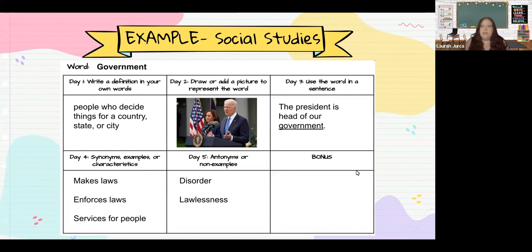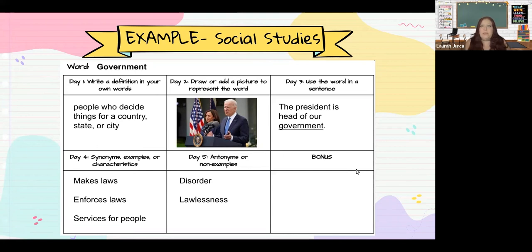Again, with your students, you can lead them as much as they need. This could be a group activity that you do every day. I really prefer to get students used to it, and then after day 1, let them go on their own and use this as something to do while you're taking attendance, or as a warm up while you wait for students to get settled. For the bonus, I always leave this bonus space here.